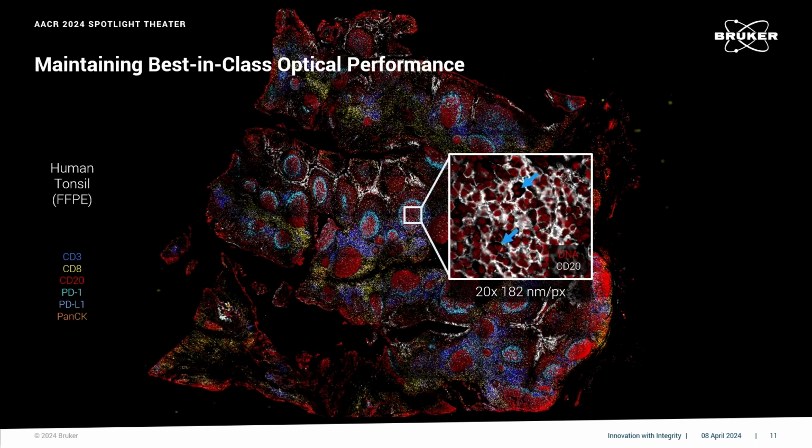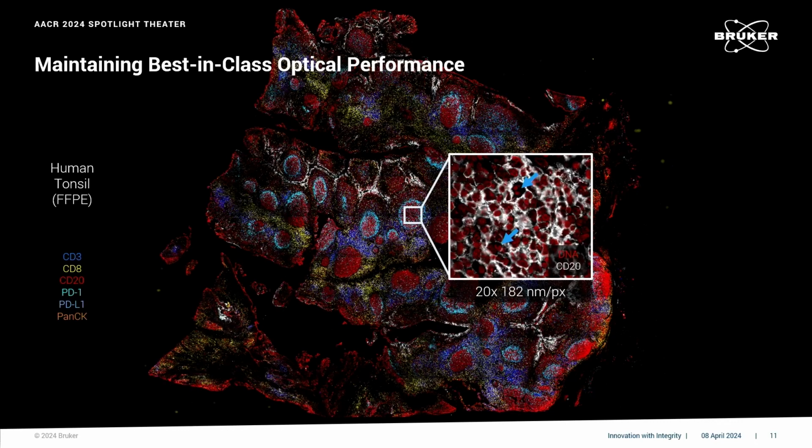You can see DAPI has essentially, this cell has just undergone mitosis. So this is an observation that you just make on this scope, because really the image quality is very, very good. So these are B cells in a tonsil in a proliferating region.